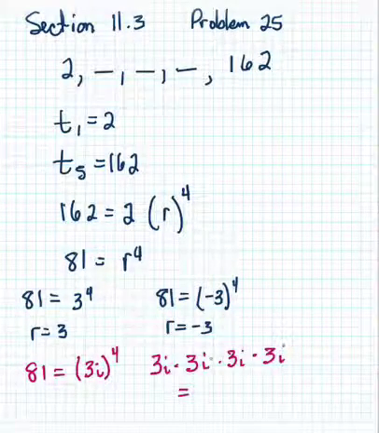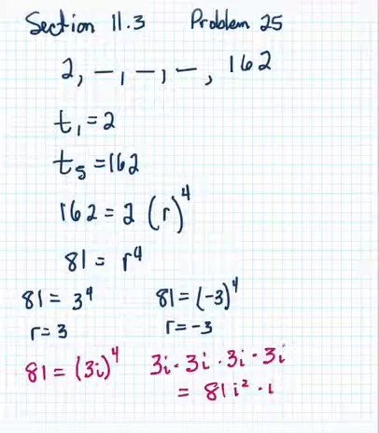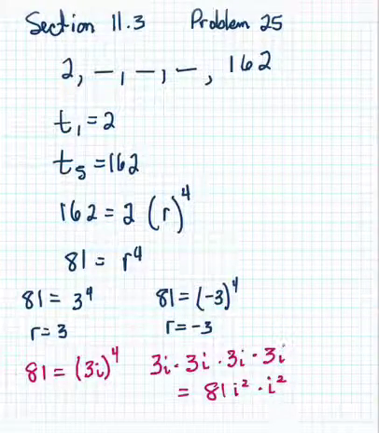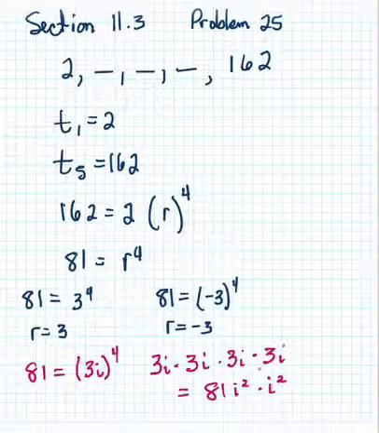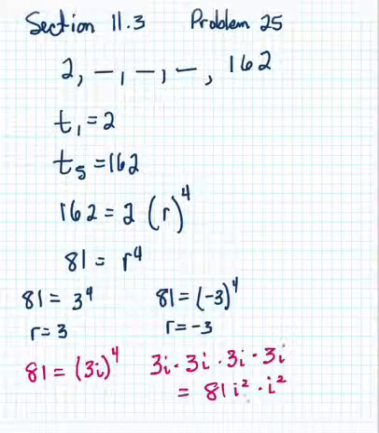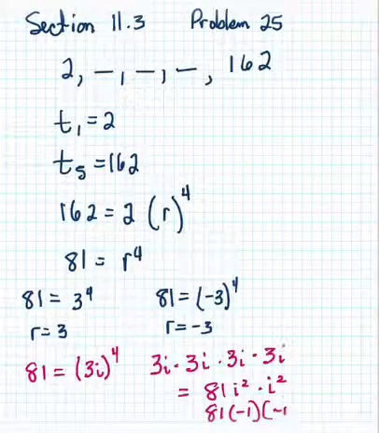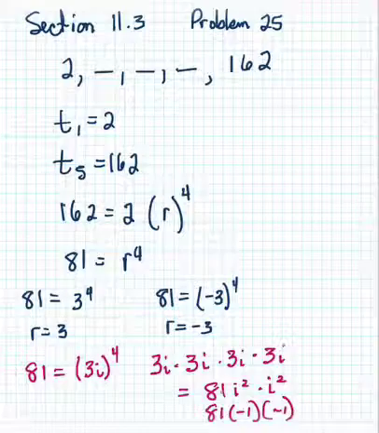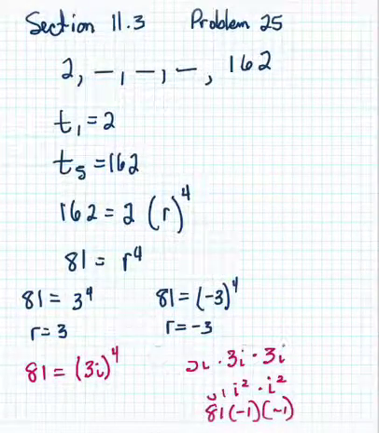This equals 81 times i squared times i squared, and I can never remember anything but i squared. So this is 81 times negative 1 times negative 1, which is positive 81. Do you see that works?